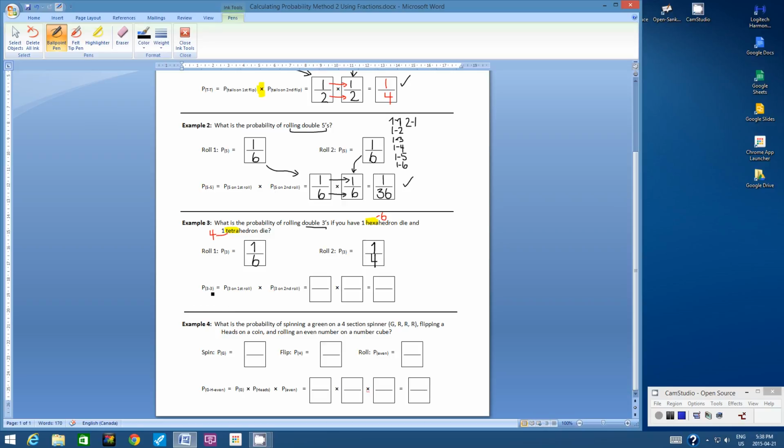All right, so what is the probability of rolling a 3 on the hexahedron die and a 3 on the tetrahedron die? Well, we take the probability of 3 on the first roll, which is this number right here, 1/6, and we multiply it by the probability of getting a 3 on the second roll, which is this right here, 1/4.